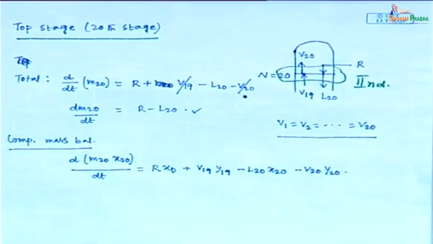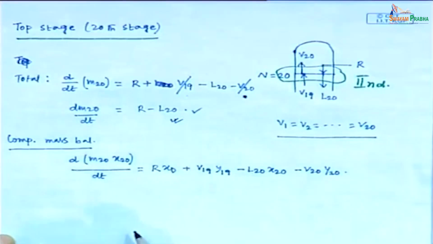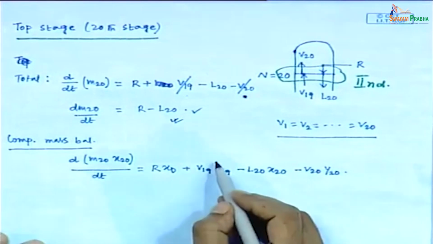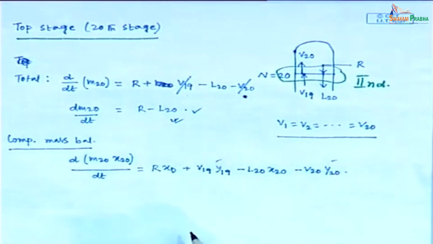Fine. Why did we not cancel V19 and V20 in the component mass balance equation, I mean, why have we included V19 and V20 terms again? Because X varies from tray to tray and Y is basically the equilibrium composition of X. So, Y varies from tray to tray. That is why we cannot neglect these two terms from this component mass balance equation.